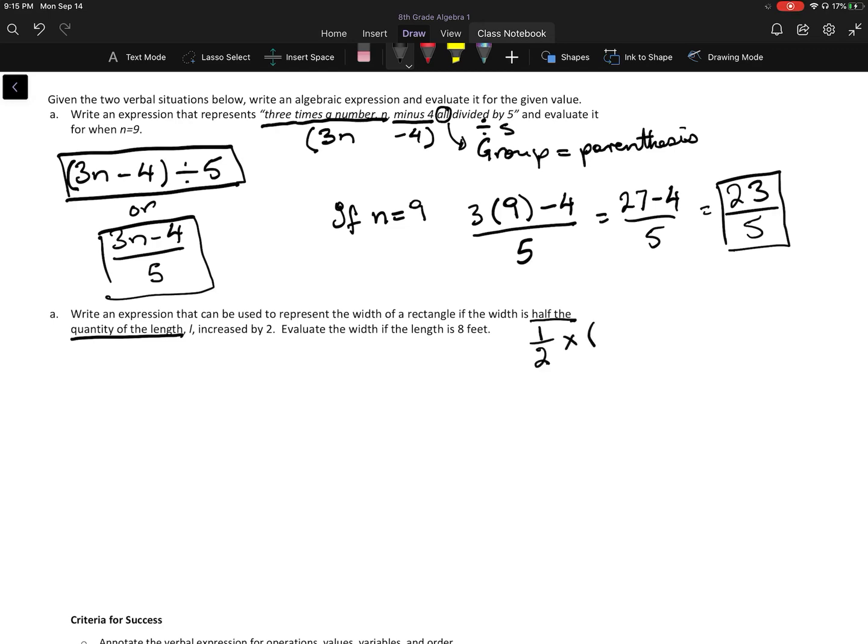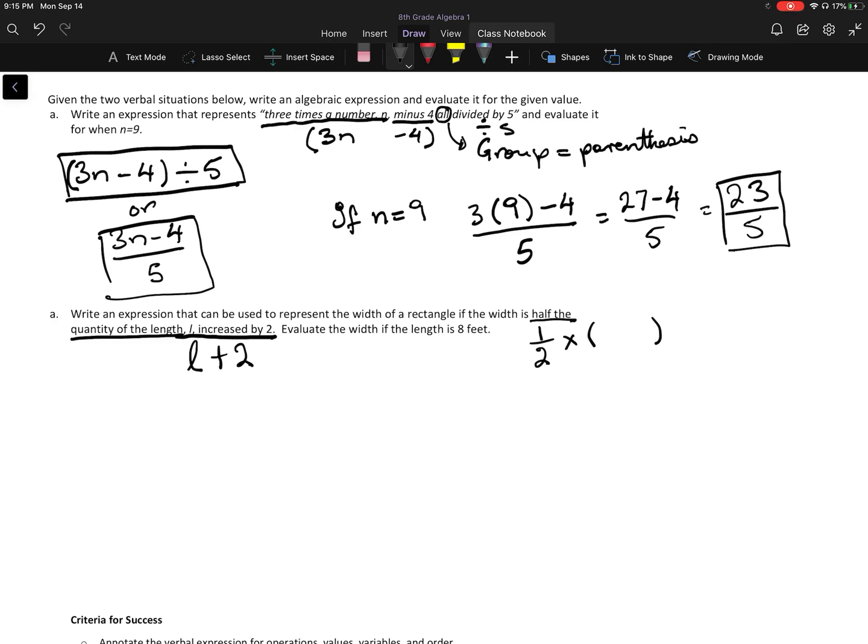Times something we don't know, right? And then the length L increased by 2. So we know this is L plus 2 because increased by 2 says L plus 2. Okay? So we need half of this L plus 2, and that's going to be our width.